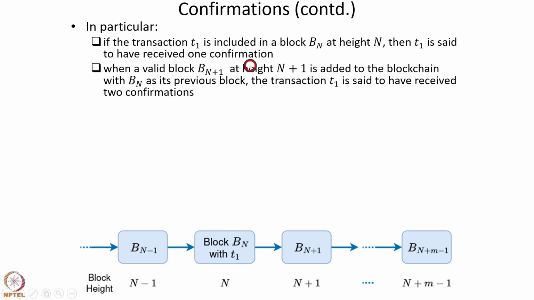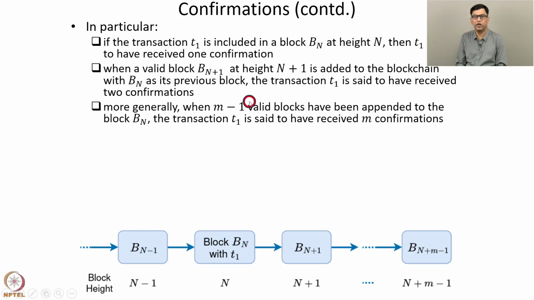When a valid block Bn+1 at height n+1 is added to the blockchain with Bn as its previous block, then the transaction T1 is said to have received two confirmations. So the transaction T1 is included in the block and one block has been added subsequently, hence the transaction is said to have received two confirmations, and so on and so forth.